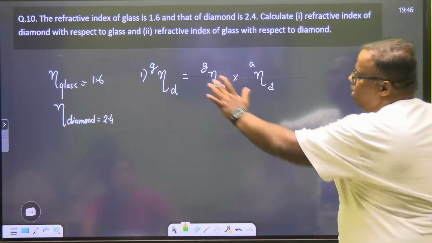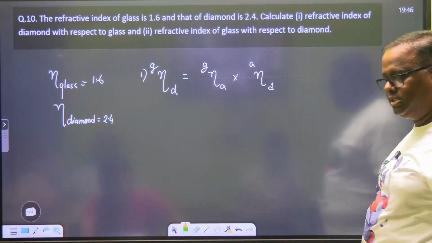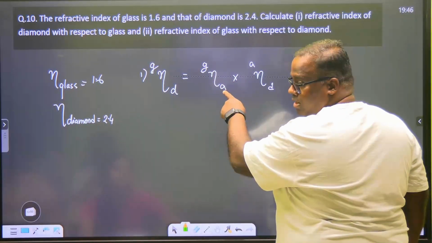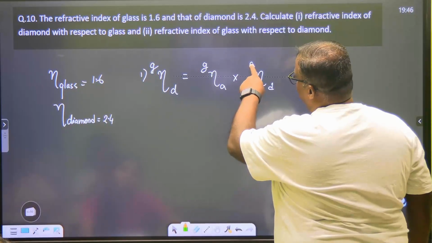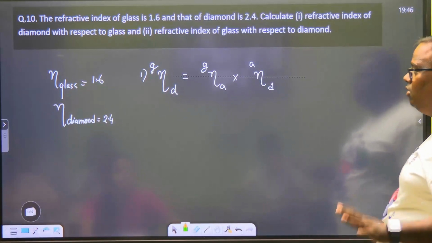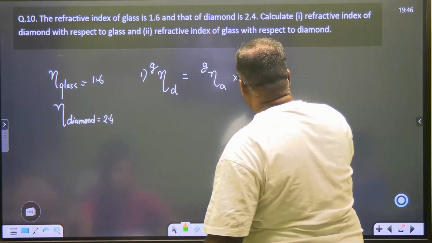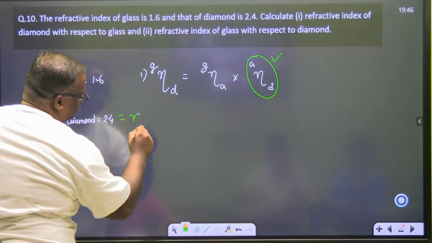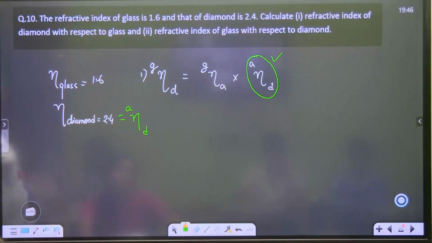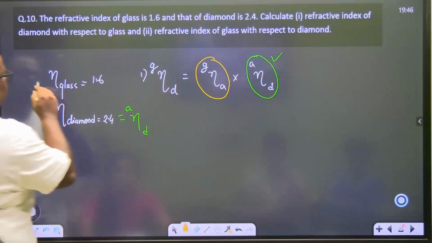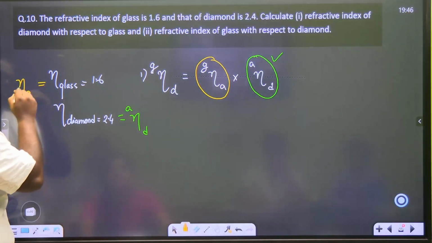So here I have done my Patal Lok. Correct? I need glass on top under any circumstance. So I put air at the bottom. Then air out here, and diamond. Now just check. This data is something that the question has already given you. However, this is something that the question has not given you because this is glass with respect to air.